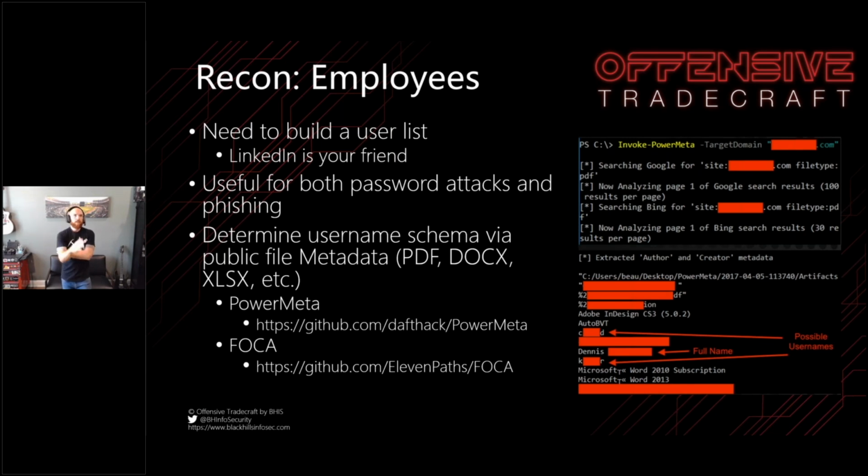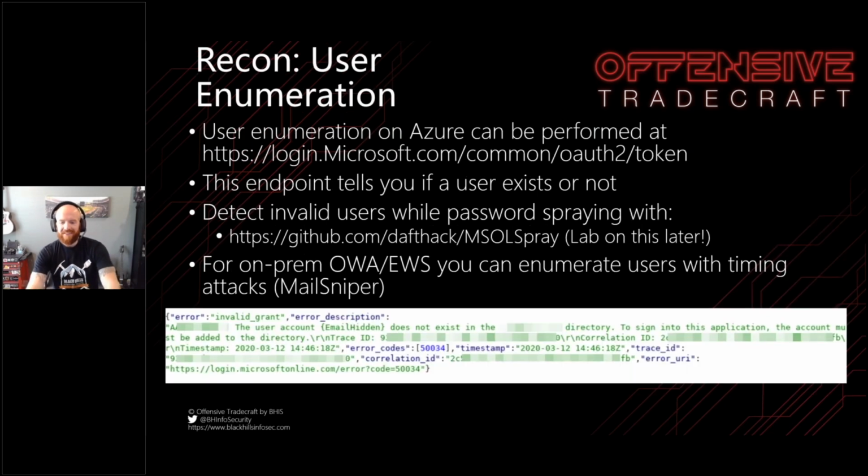So I guess the pattern here would be we generate these users, and then we have to figure out a way to enumerate them sometimes too. Traditionally for on-prem environments, I would hit Exchange Web Services specifically for enumeration, because it has a timing vulnerability, which we'll talk about right now.